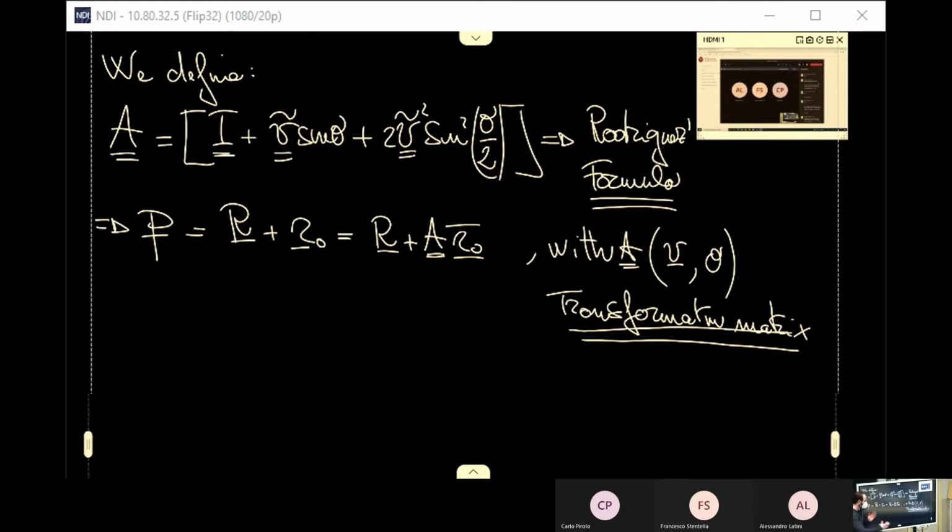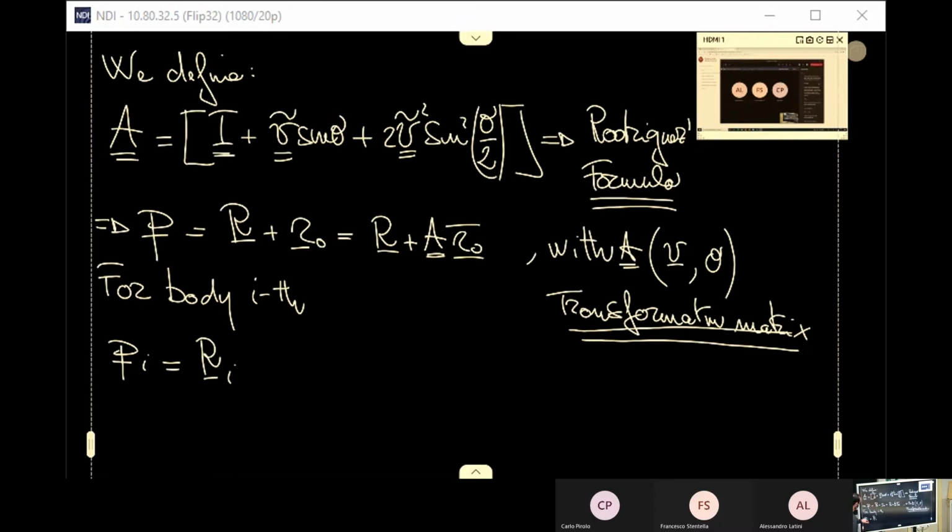Since we are having a course which is called multi-body dynamics, we will actually encompass systems of more than one body. So eventually for a body I, we'll denote this formula with a subscript like this.